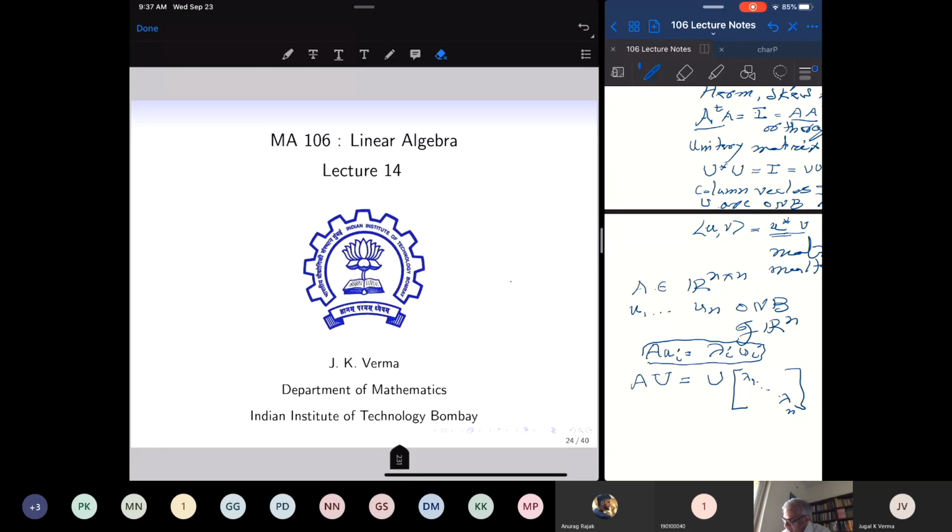But U is an orthogonal matrix because the column vectors form an orthonormal basis of Rn. So U transpose U equals identity, so the inverse of U is simply U transpose. I multiply this equation by U transpose on both sides, so I get U transpose AU is this diagonal matrix. So that is the spectral theorem for real symmetric matrices.